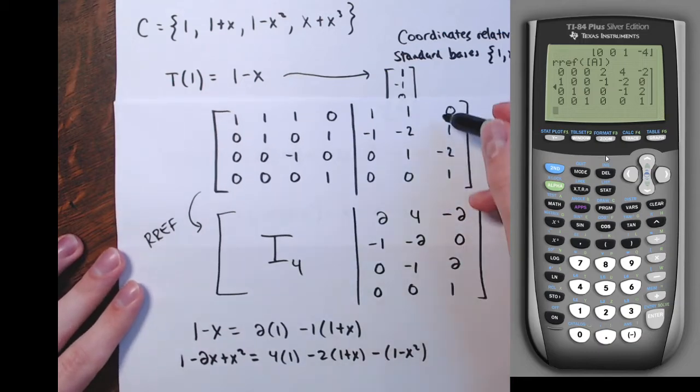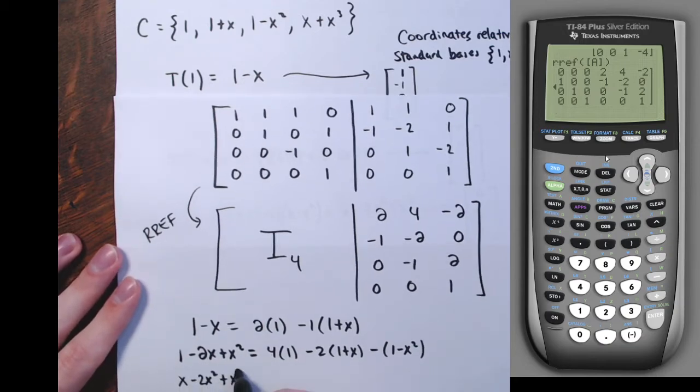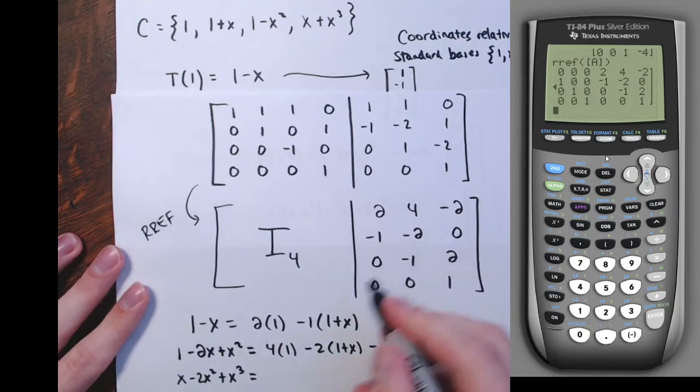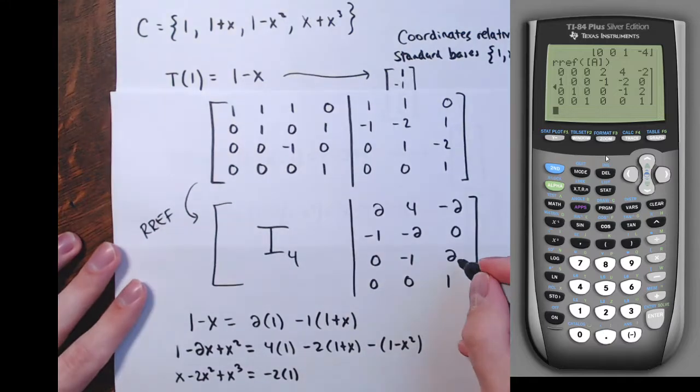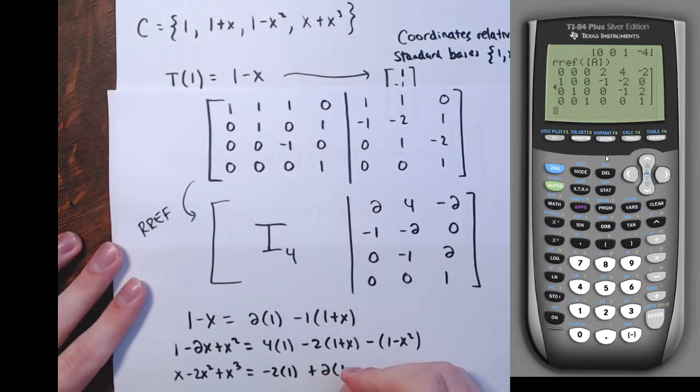And then this last column means that x minus 2x squared plus x cubed is negative 2 times 1 plus 0 times 1 plus x plus 2 times 1 minus x squared plus 1 times x plus x cubed. And that also works.